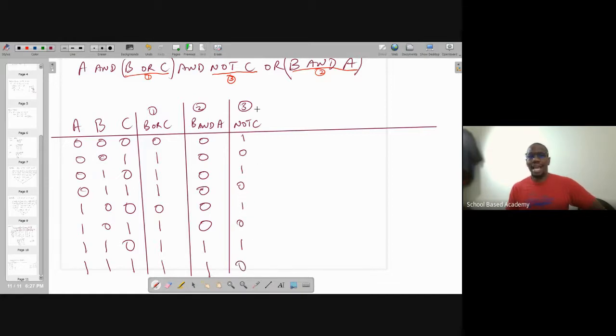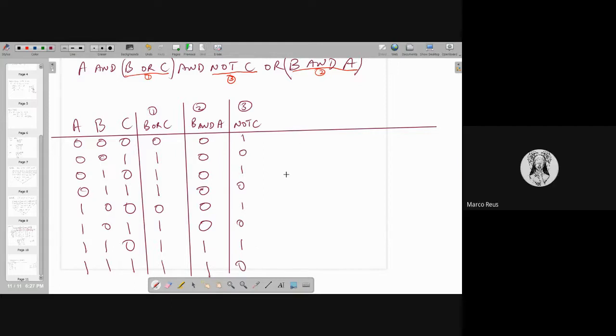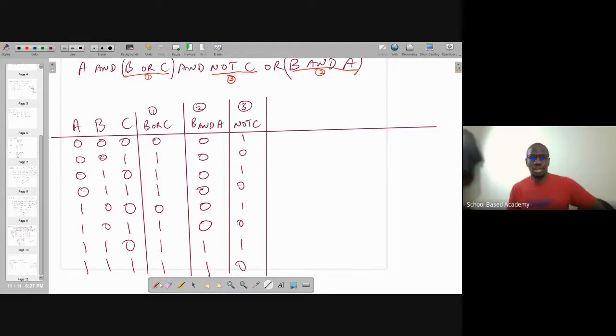Where do we go next? B and A. Right. So the next thing that we do is that we can go A and B or C, because we could do either one of the ands first.